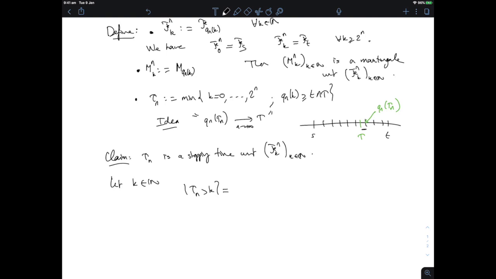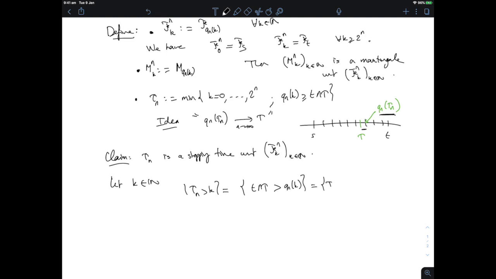So if tau n is greater than k, then that means that the first value of qn of tau n above tau is past the point qn of k, so the minimum of t and tau would have to be greater than qn of k. But notice that t cannot be greater than qn of k, right? qn of k is something between s and t.